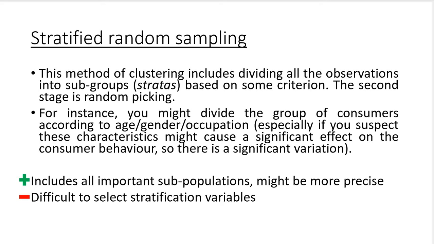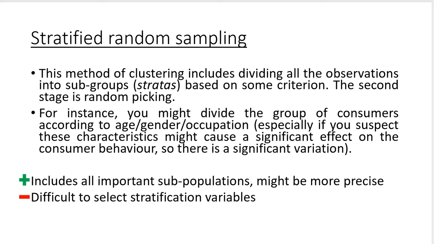And typically, you divide your observations into stratas based on categorical variables which are potentially important determinants of some other phenomena. For instance, you hypothesize that males have different consumption preferences compared to females. That's why you divide into two stratas, which are males and females.